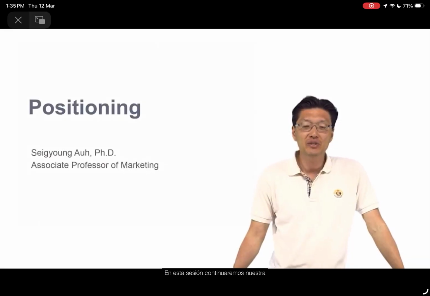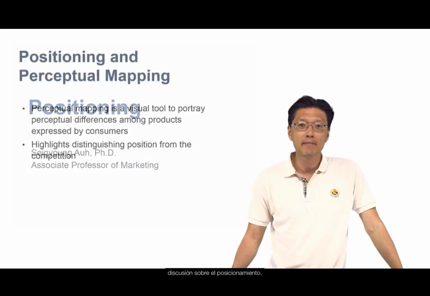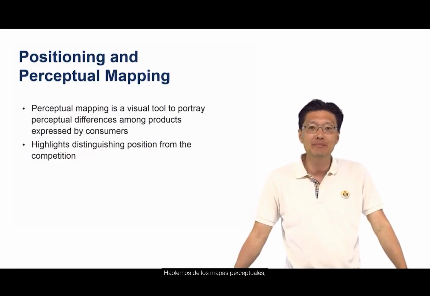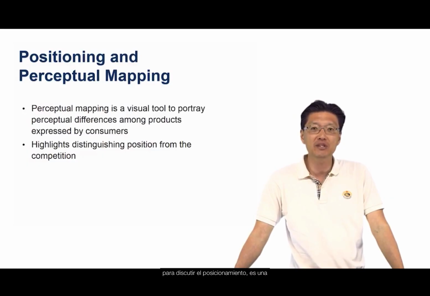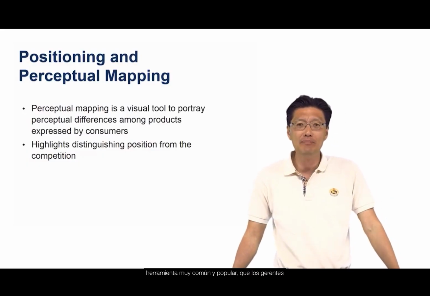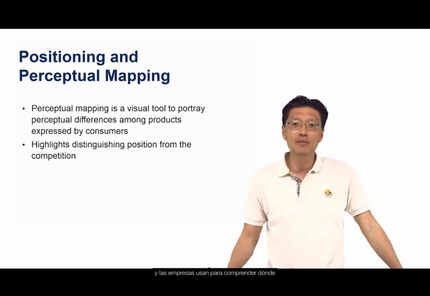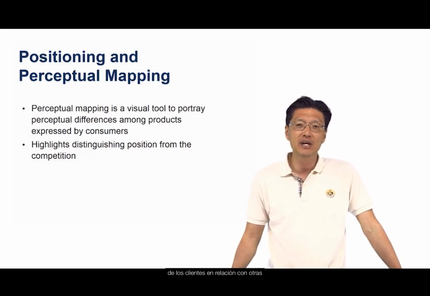In this session, we'll continue our discussion about positioning. Let's talk about perceptual maps. Perceptual maps are a tool used to discuss positioning. It's a very common and popular tool that managers and companies use to understand where their brand is positioned in the minds of customers in relation to other competing brands.